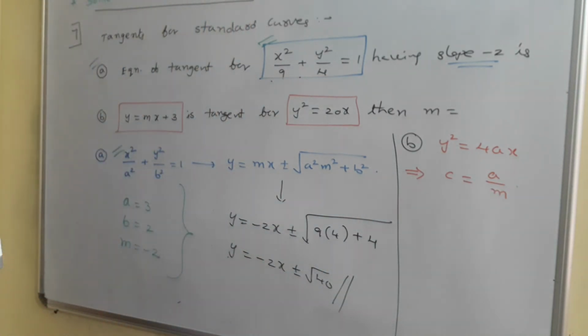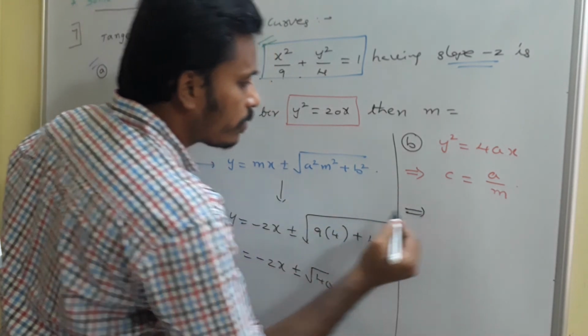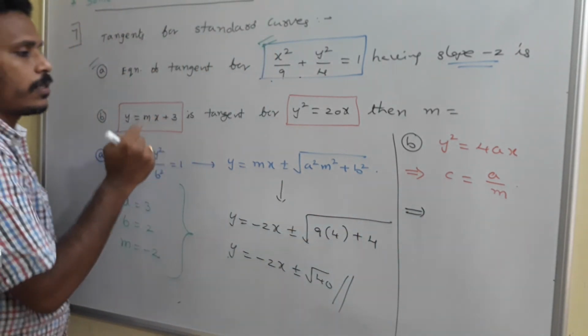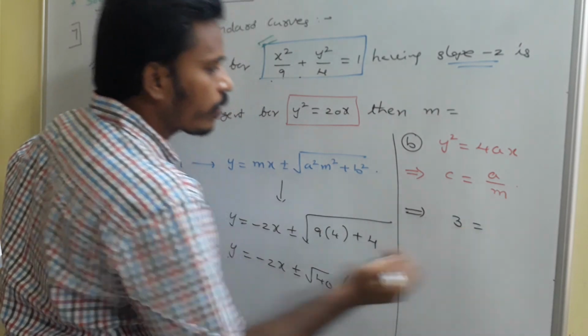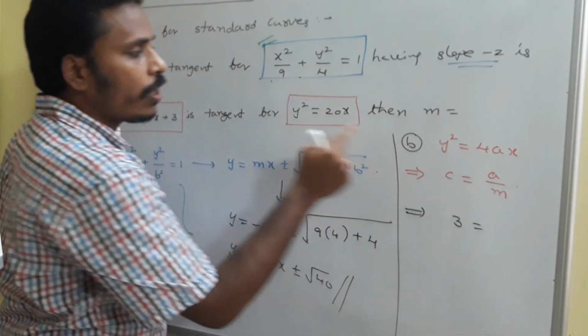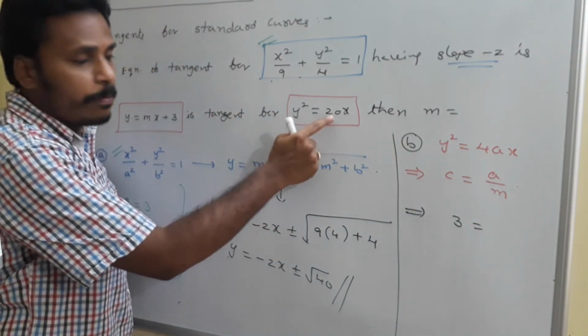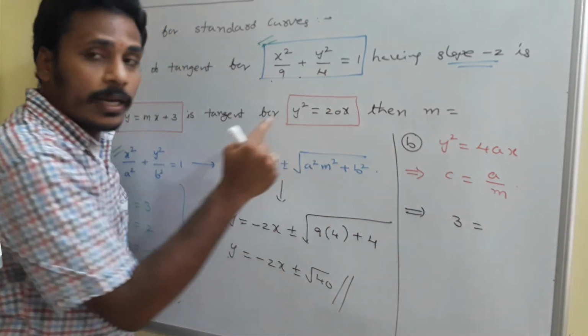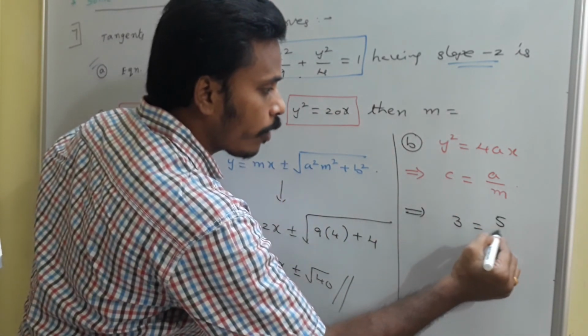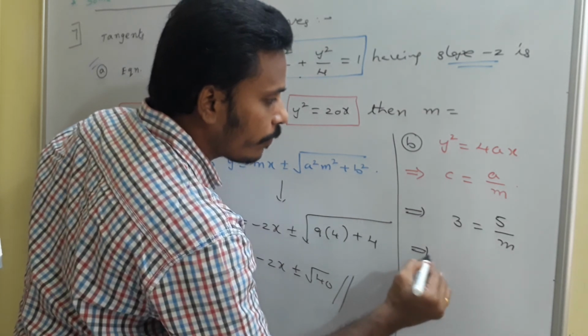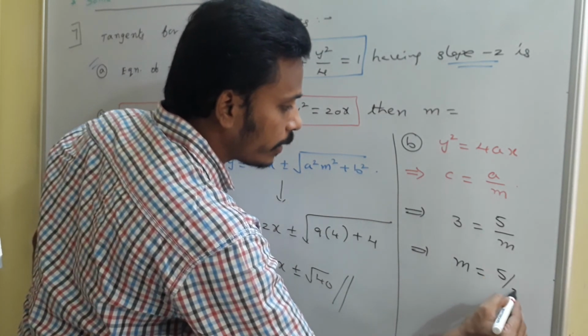As I mentioned, the tangent condition is c is equals to a by m. From the given problem, y is equals to mx plus c, c is equals to 3 and y square is equals to 4ax and this is 20x. Just compare 20 with 4a. You will get a as 5. So 5 by m.